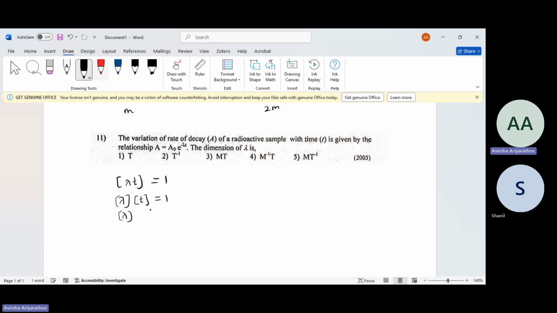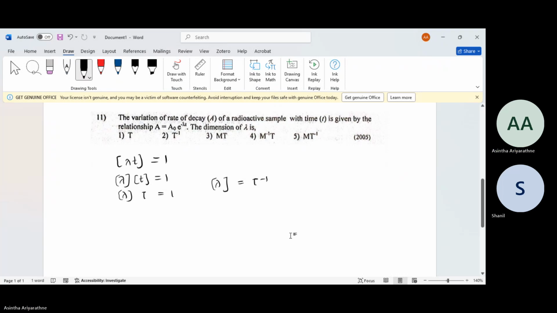Dimension of T is T, then dimension of lambda is T minus 1, right? That's the second one.